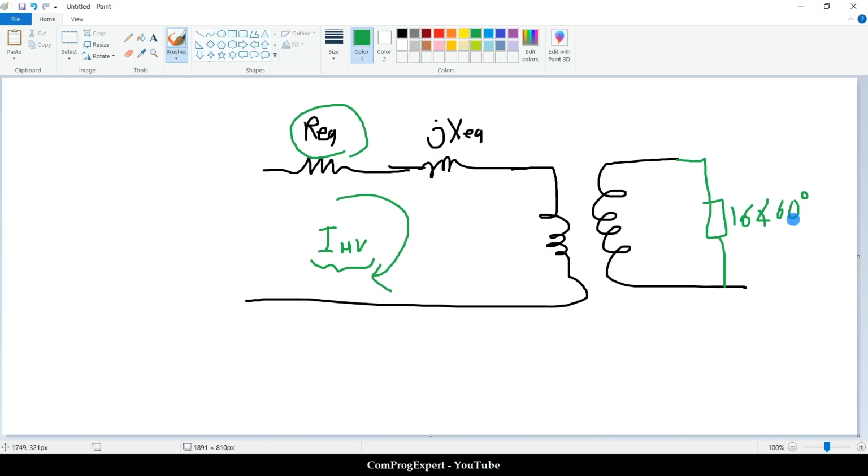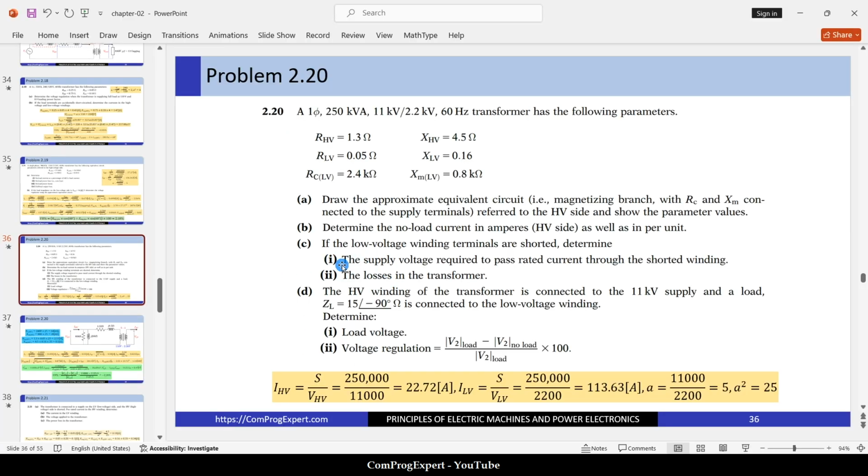If we short the secondary winding, we can calculate the value of the short circuit current and so on. So here in this case, we need to short the low voltage side, the secondary side, and calculate these quantities.